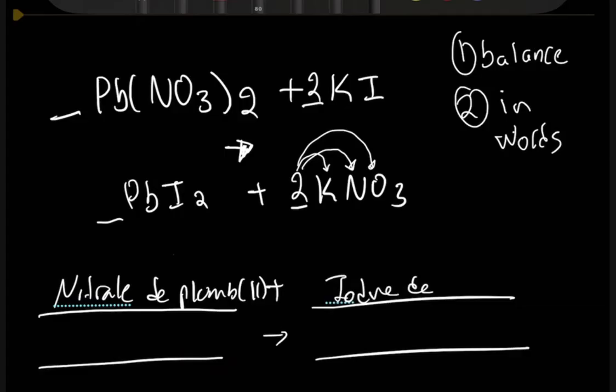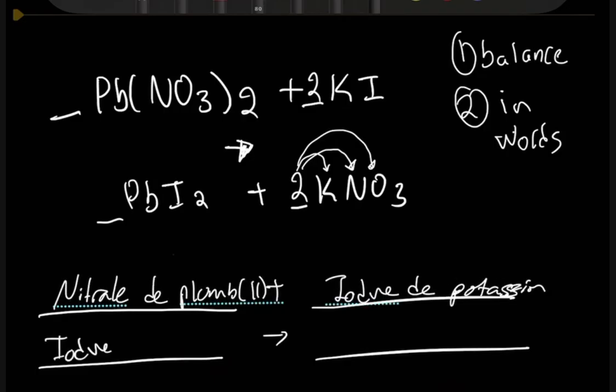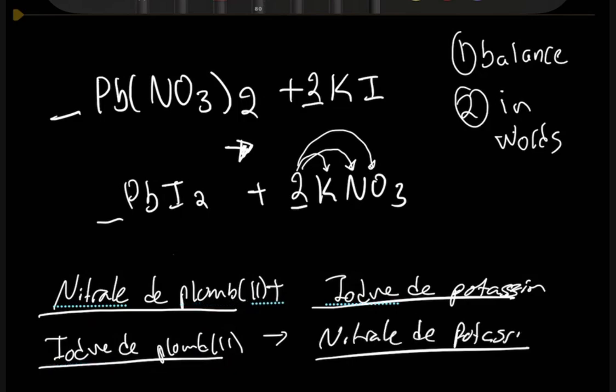Perfect. Then you said iodure de plomb 2. Very good that you said it again. And then you said nitrate de potassium with no Roman numerals because it's in group 1. Perfect. Good job. This is very good.